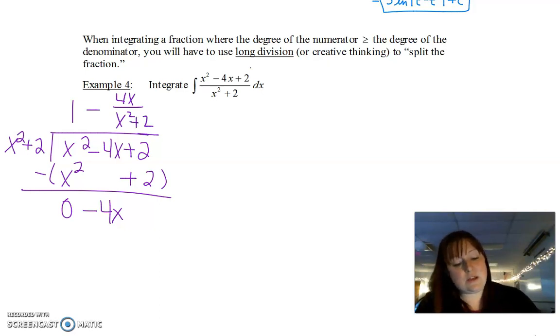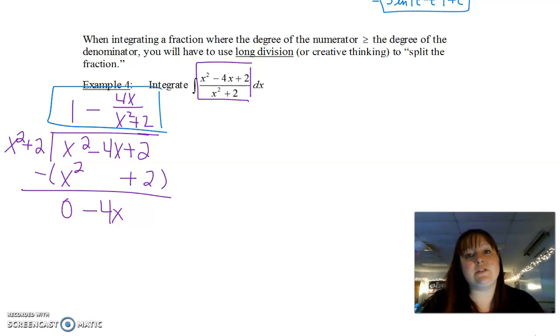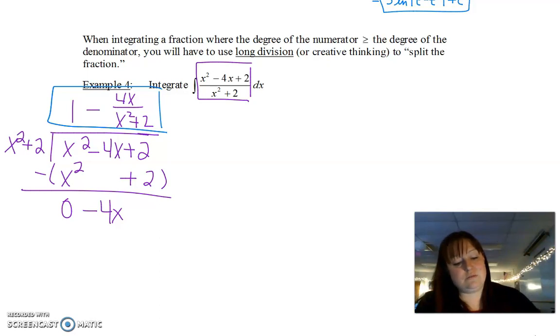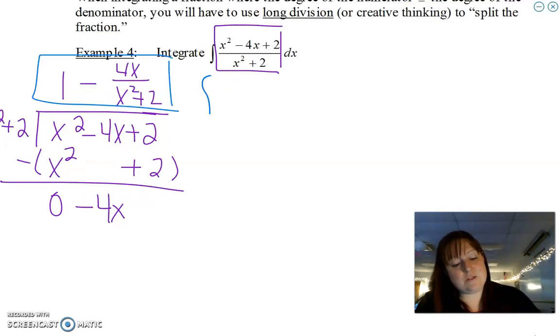So what I'm telling you right now is this right here is equal to that. It's the same thing, I just did a little bit of creative algebraic manipulation. So I can rewrite my integral like that. Okay, so now it's the integral of 1 minus 4x over x squared plus 2 dx.